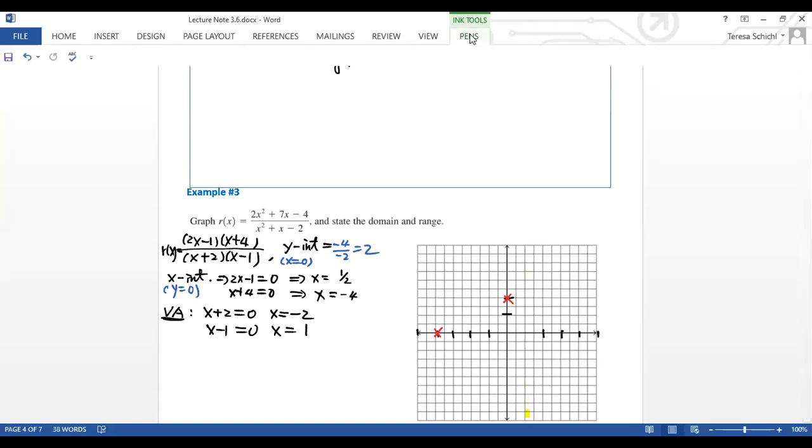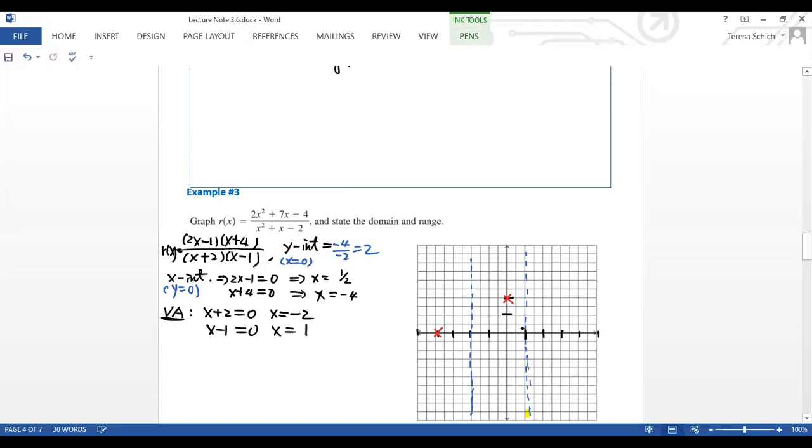All right, let's use my blue color for the asymptotes. So x equal to 1 is my asymptote here, and x equal to -2 is my asymptote. That means when I do my graph, it's going to get very close to these two lines.